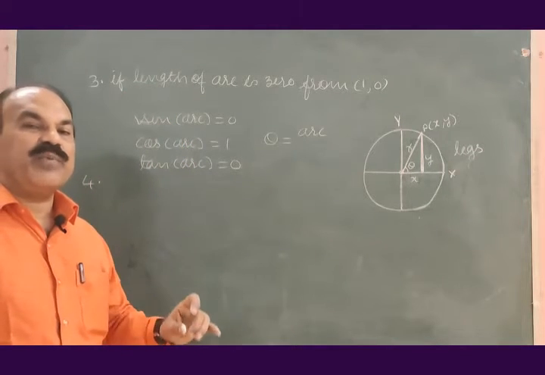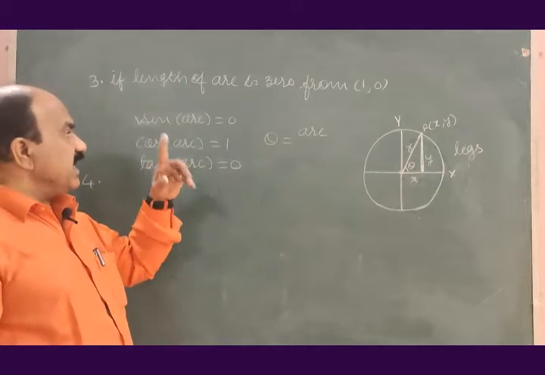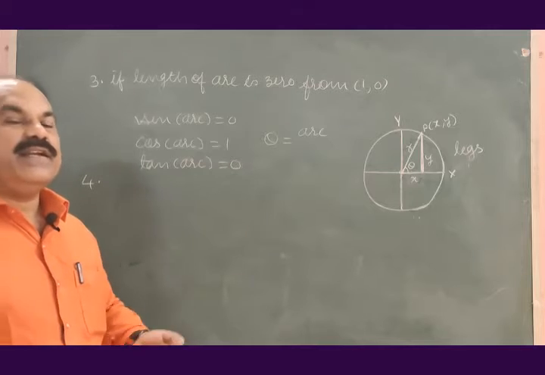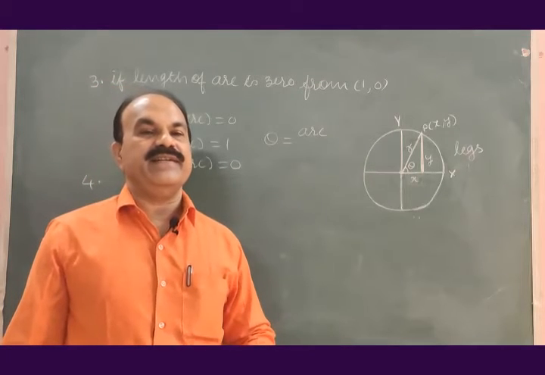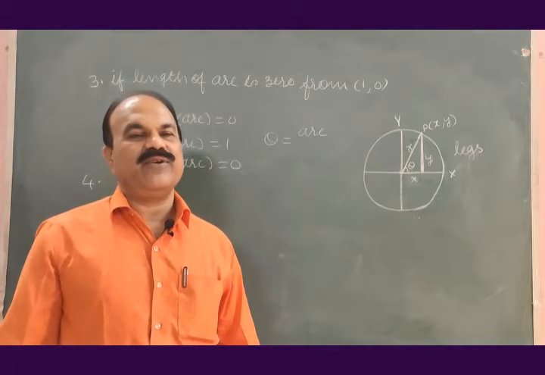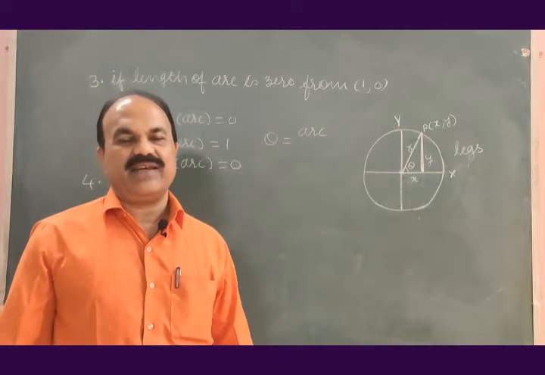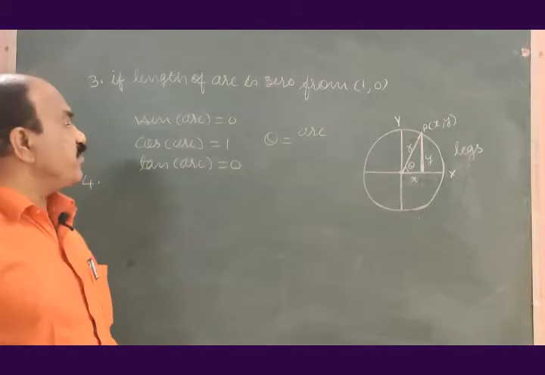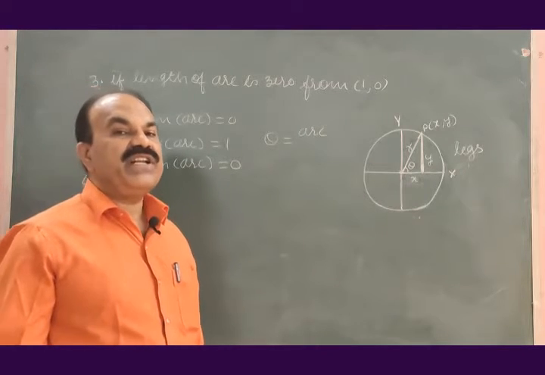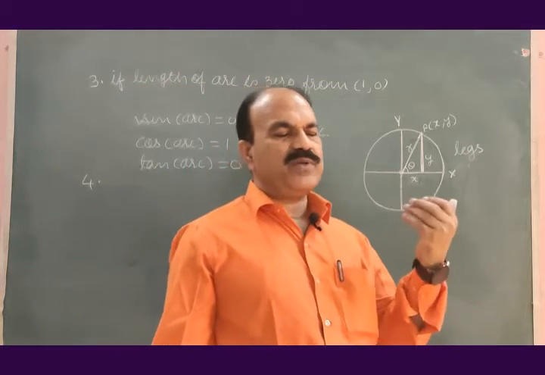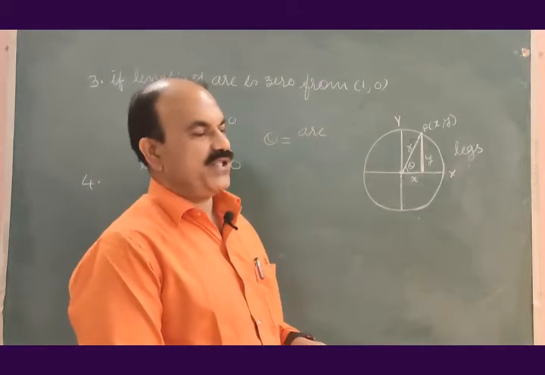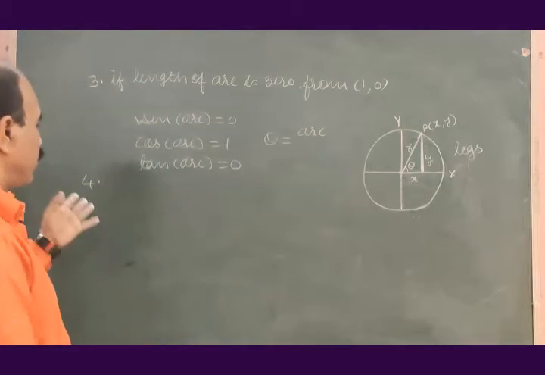Whenever the argument theta or argument arc is a real number, it is possible for us to define sine of that real argument, cosine of that real argument, tangent of that real argument, etc. So it is possible to find trigonometric values of trigonometric functions for any real argument. Point number 4.